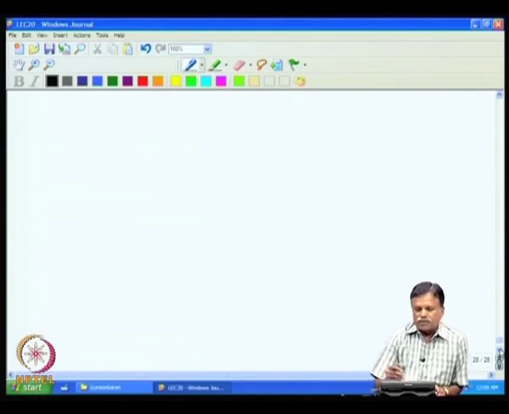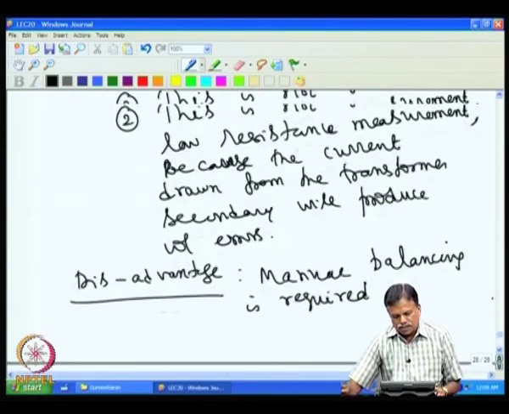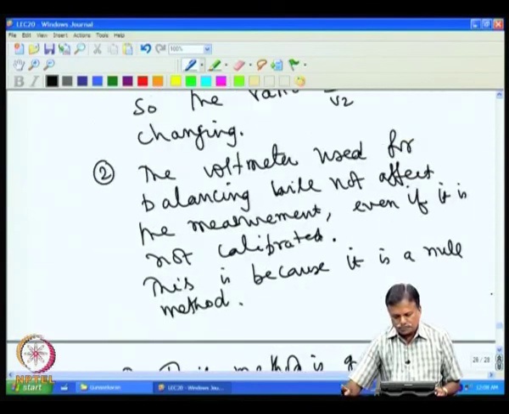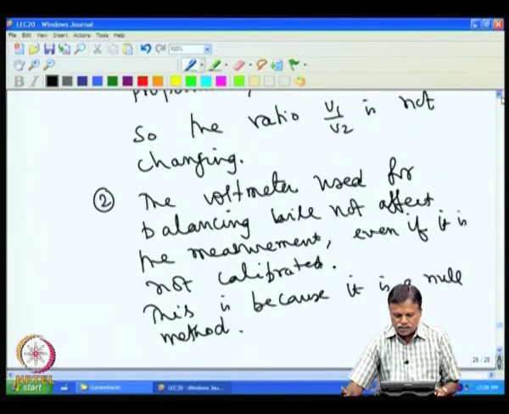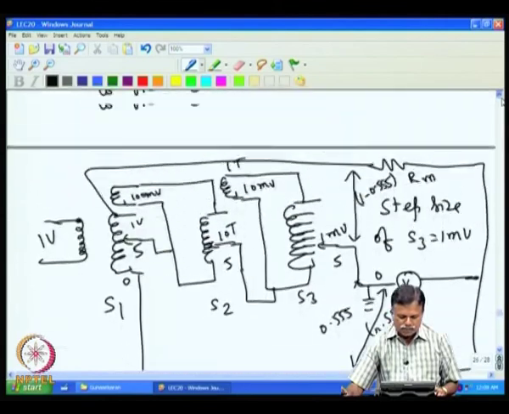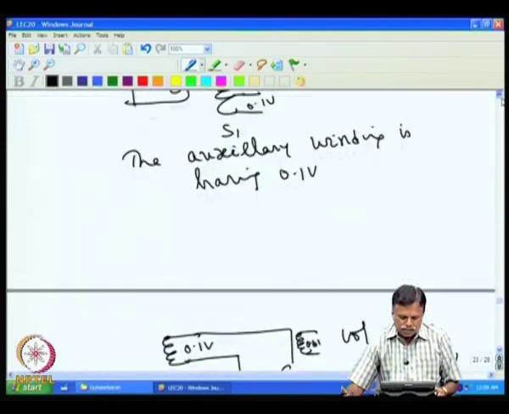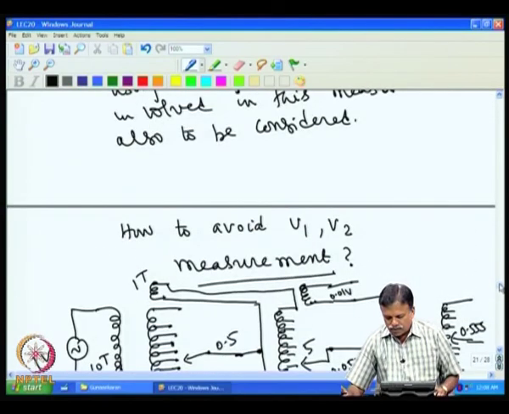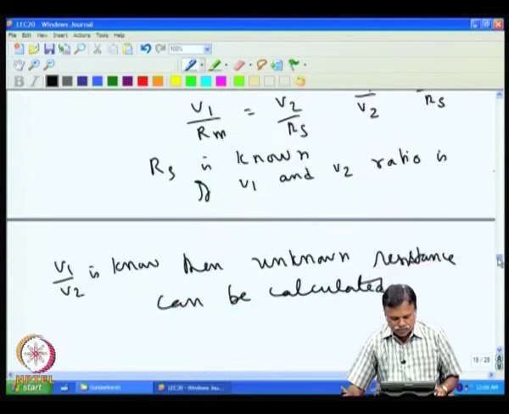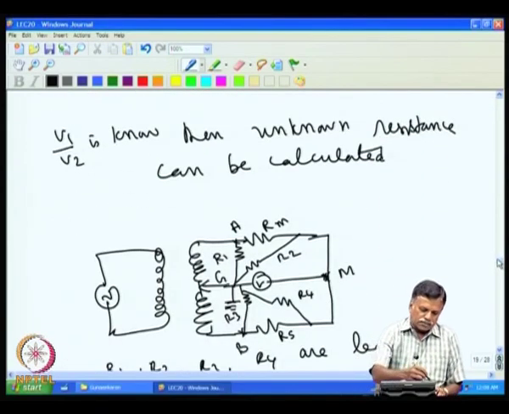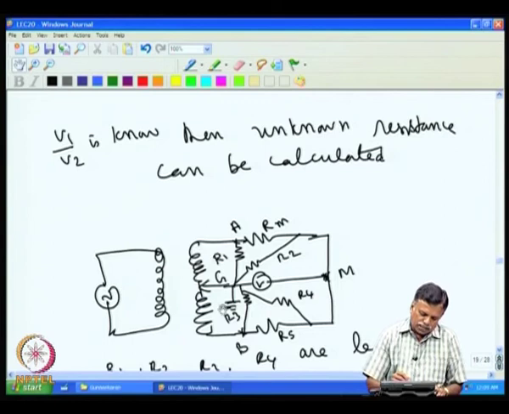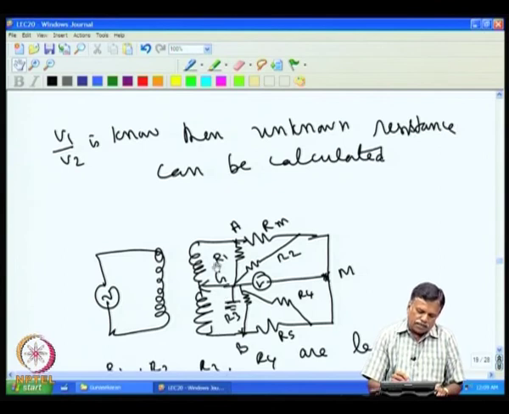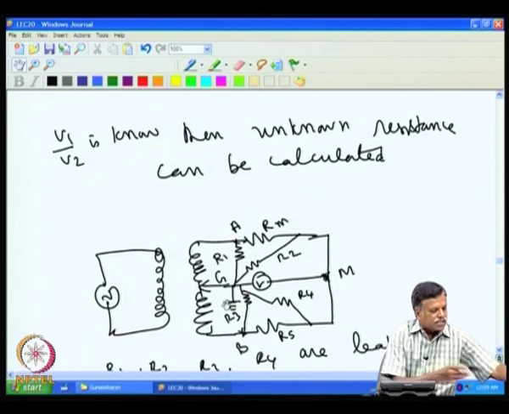If we look carefully at the ratio transformer, all that is required is that we produce two voltages V1 and V2 accurately. They are 180 degrees out of phase, and I should be able to vary V1 and V2 such that the balancing is done.